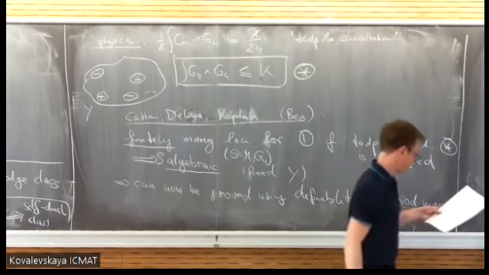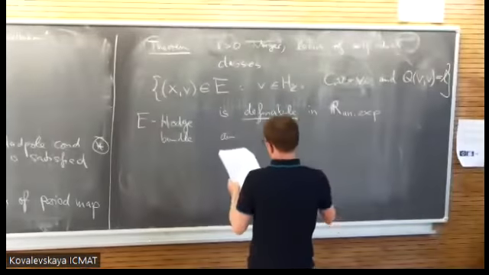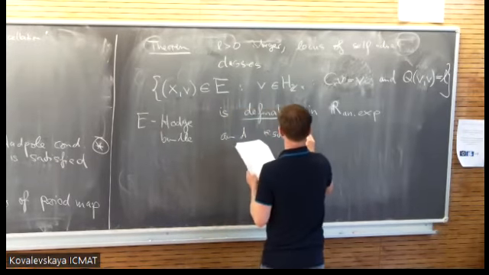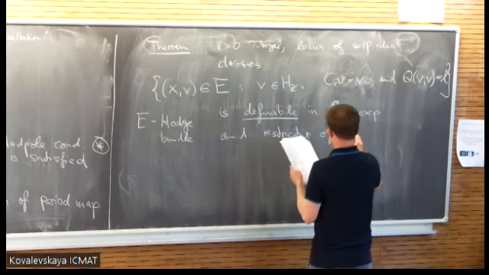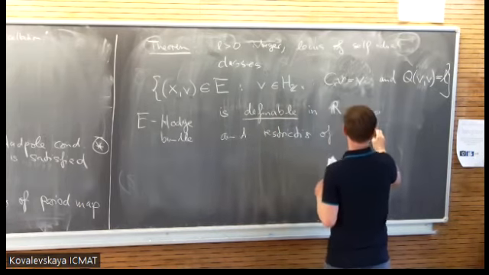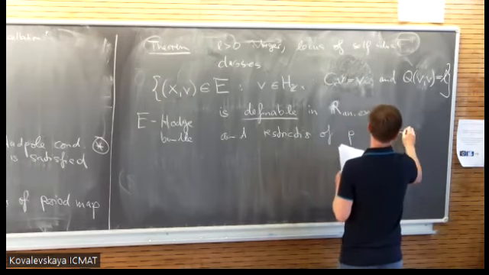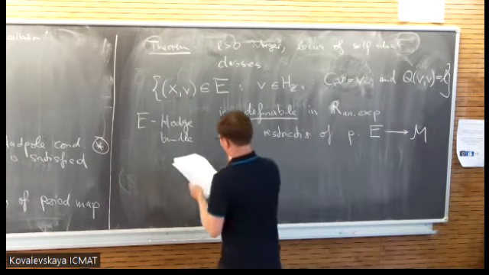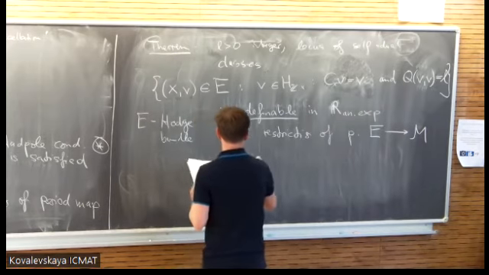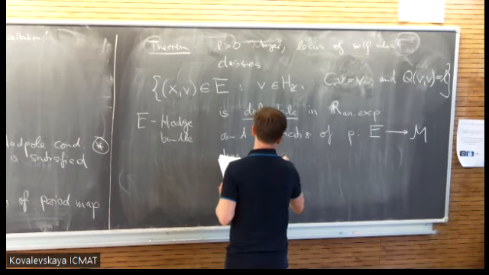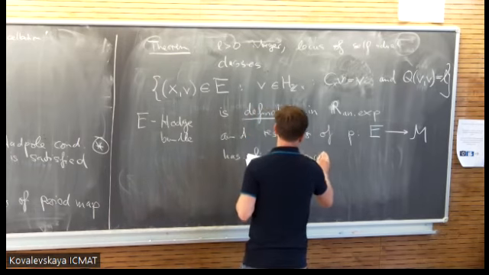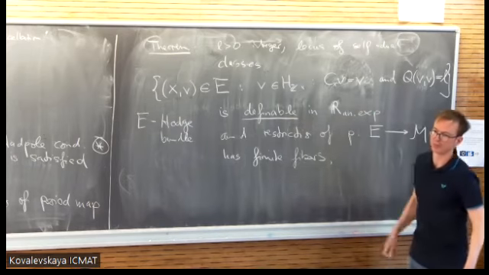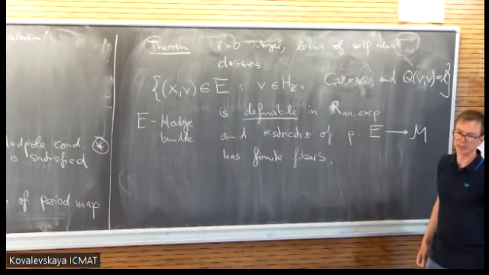So actually, the restriction of P, the map from the Hodge bundle to the moduli space M, has finite fibers, which also follows from definability.